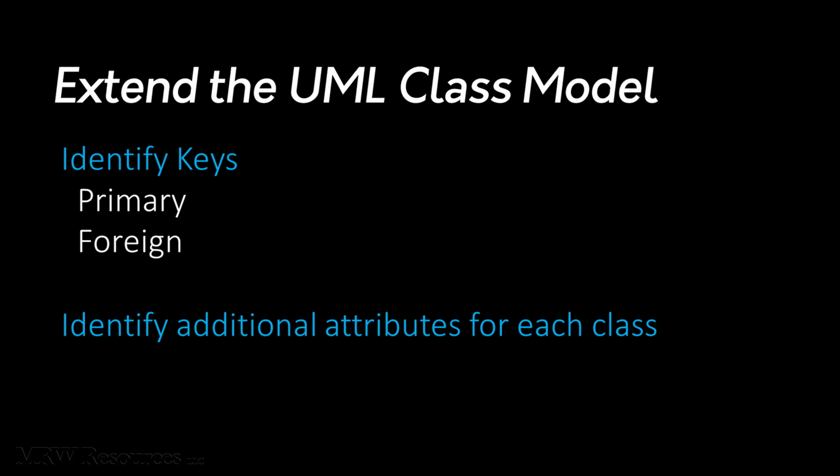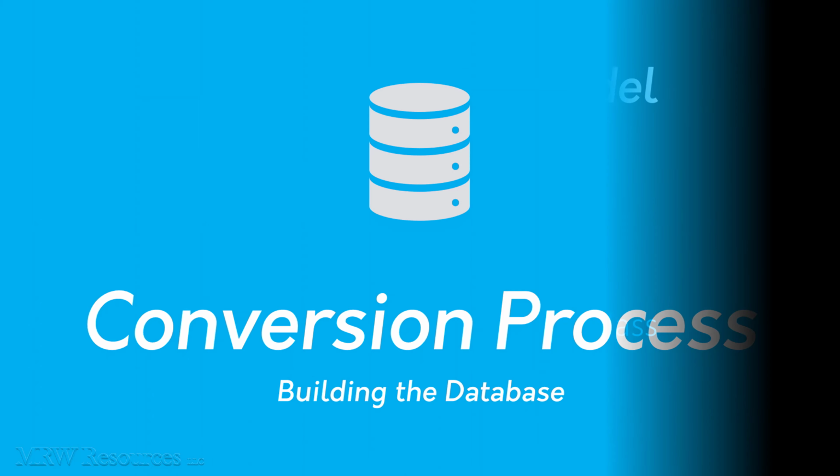First, we would identify the primary key attribute for each class. Next, we can identify foreign key attributes, matching them to the name of the primary key in the related class. Then, based on our information needs for the process, we can determine which additional attributes we need to collect for each class. And at this point, we're ready to start building the database.